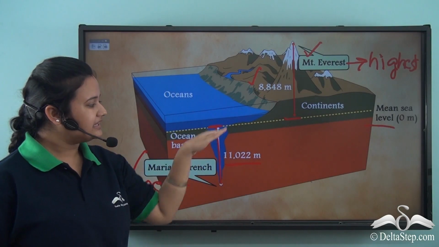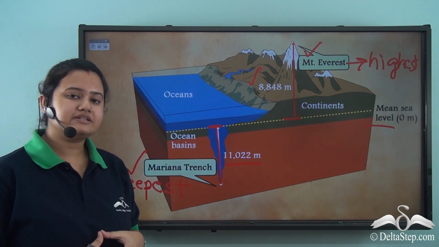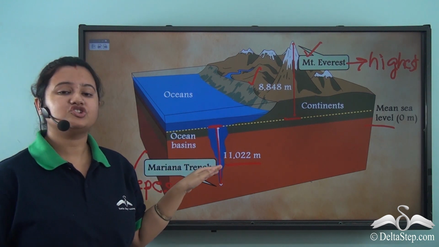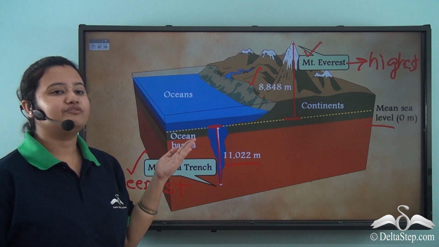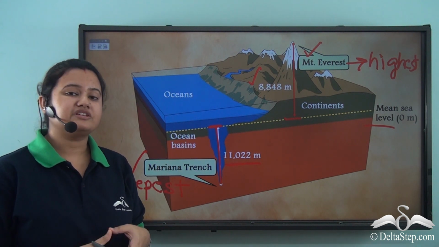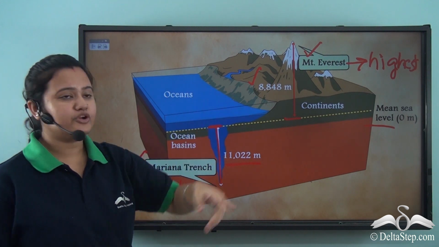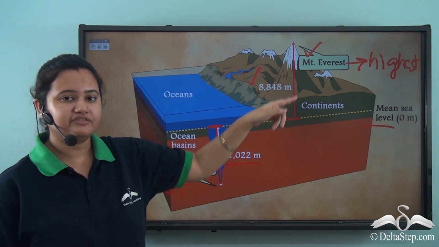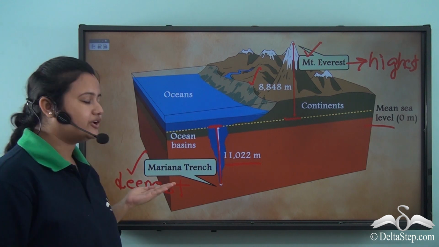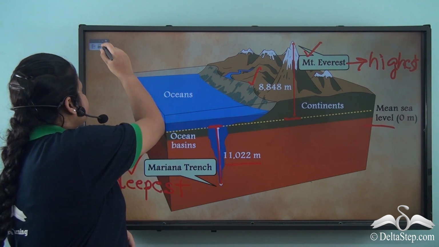So, by comparing these two figures, you can understand how deep Mariana Trench is. So, here we find that the Earth's surface is not uniform or even throughout. The highest point of the Earth's surface is Mount Everest and the deepest point is Mariana Trench.